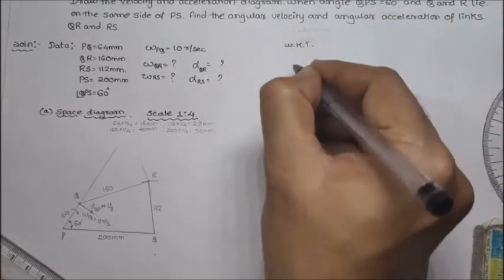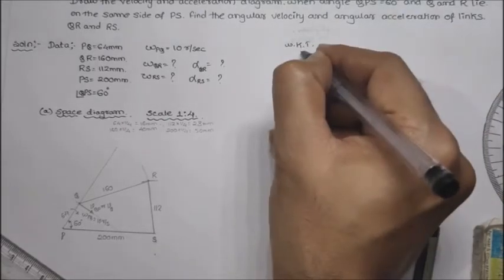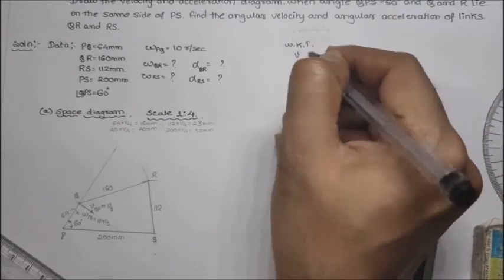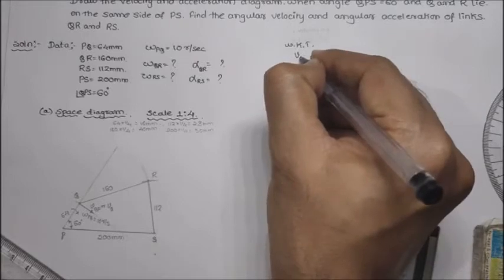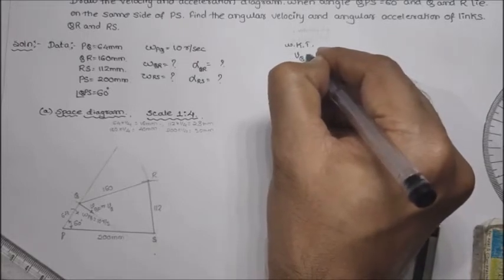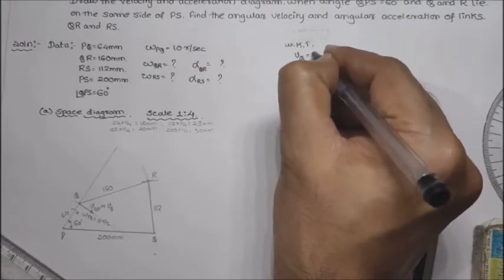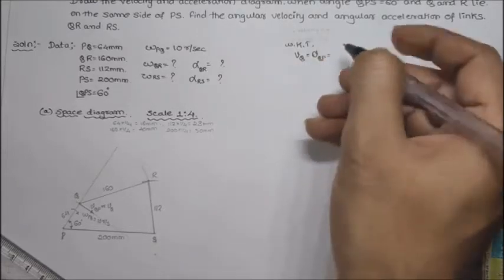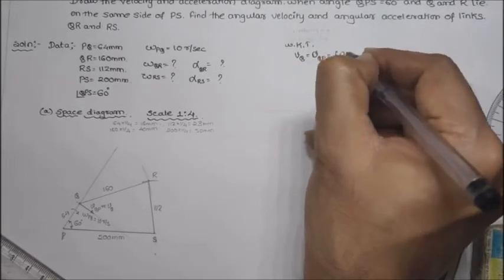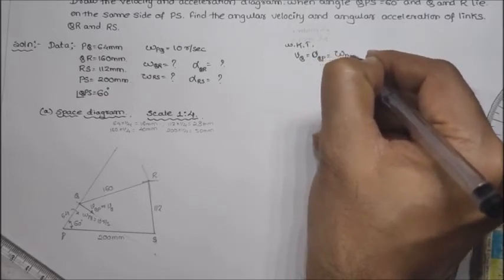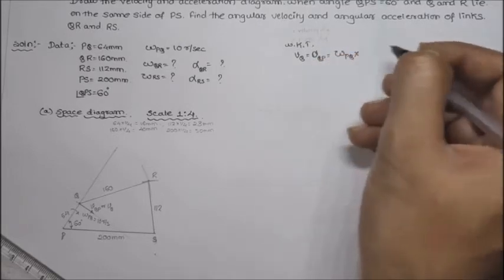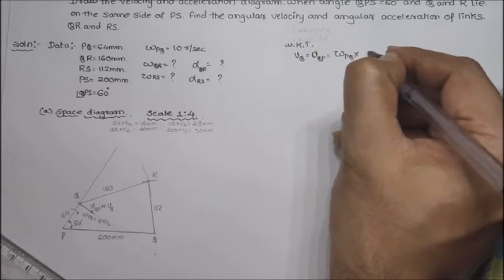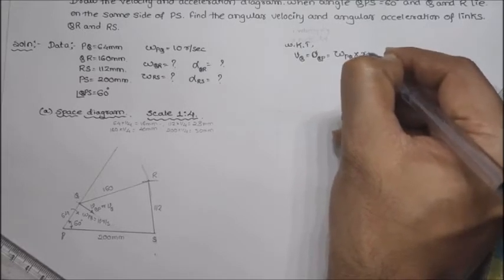We know that velocity of Q equal to velocity of QP equal to angular speed of PQ and its perpendicular distance or radius also.